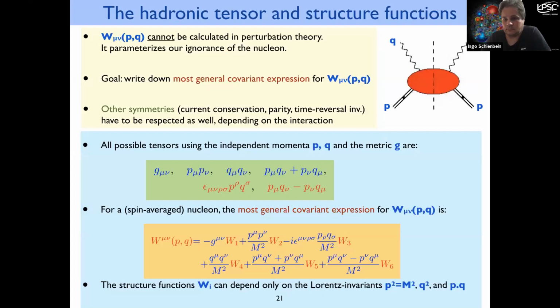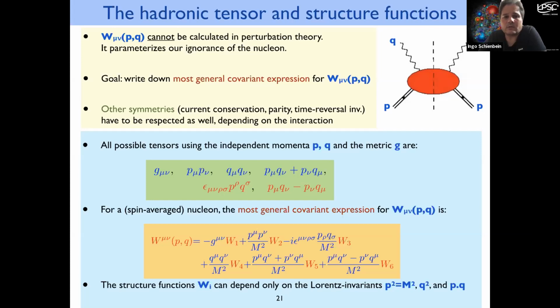Since we cannot calculate the hadronic tensor, at least not in perturbation theory, what one can do is parameterize our ignorance. So we write down the most general covariant expression for the hadronic tensor, W mu nu, taking into account, of course, symmetries like current conservation, parity, time reversal invariance, and so on.